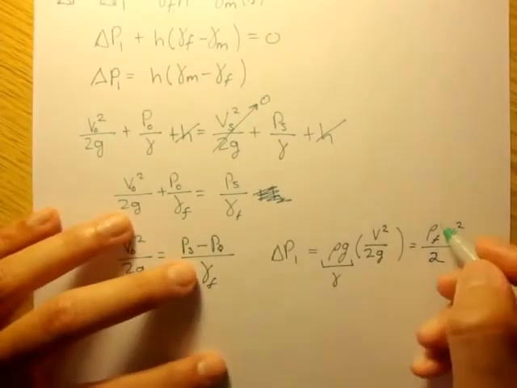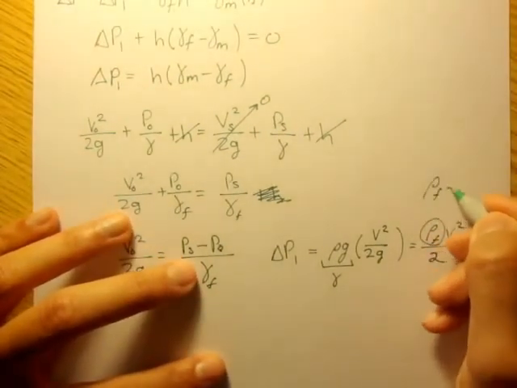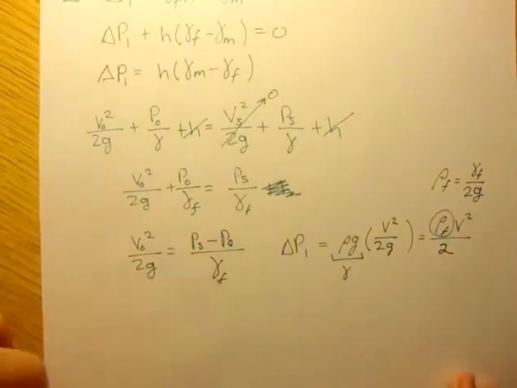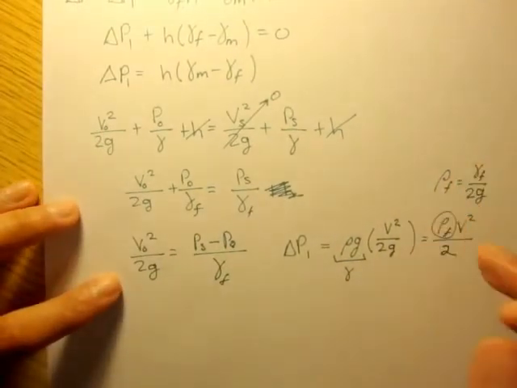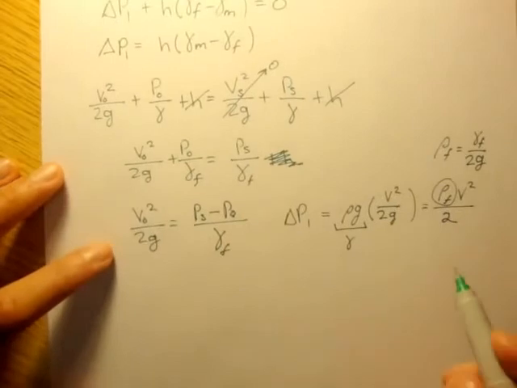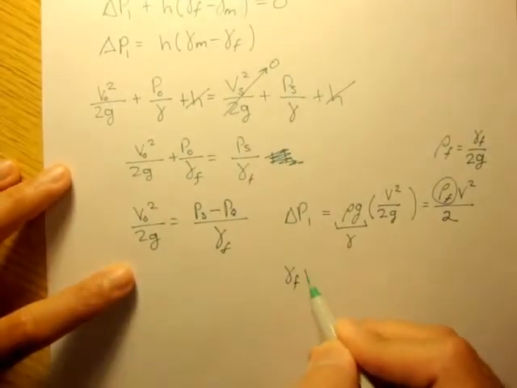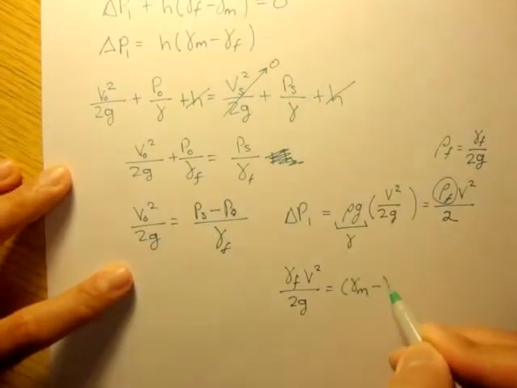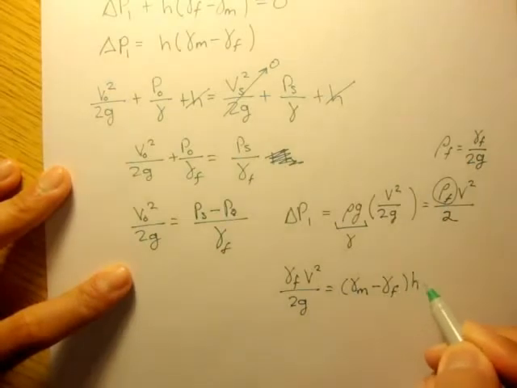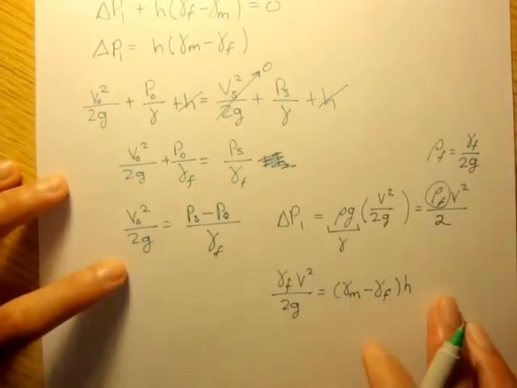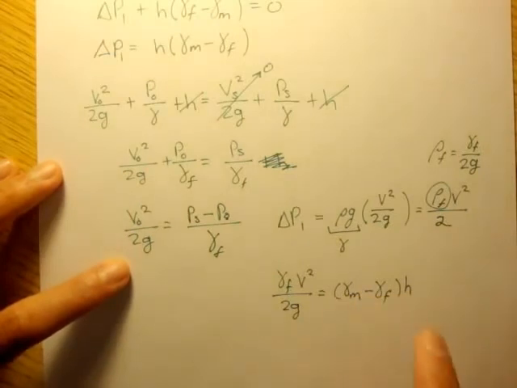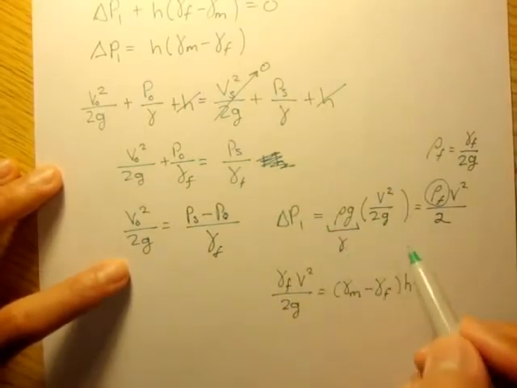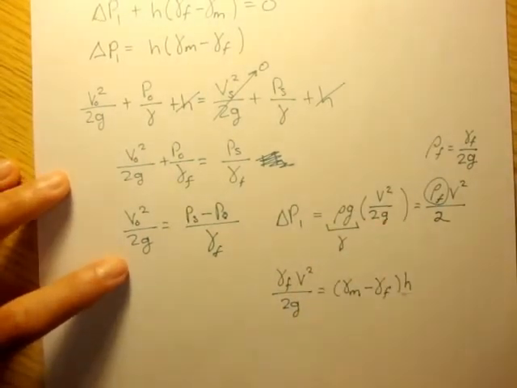And remember, we define this as gamma f over 2g. So we can plug that in here and say gamma f times v squared over 2g is equal to gamma m minus gamma f times h, right? The change in the two gammas times h is equal to our change in pressure, because our change in pressure is equal to gamma times the change in height. Okay? And that's that right there.